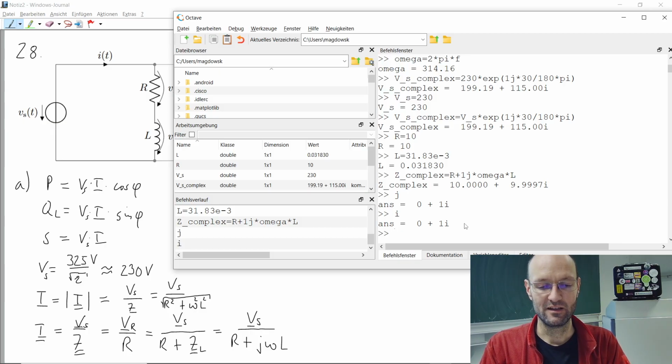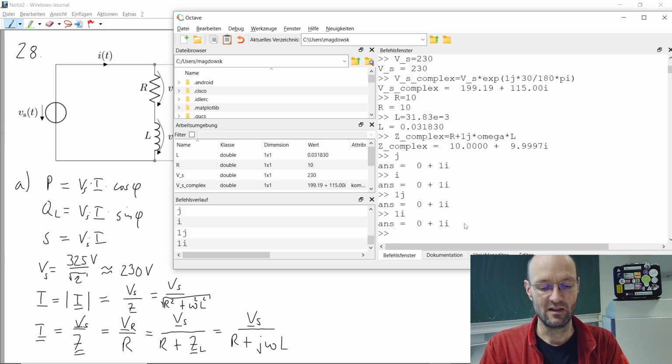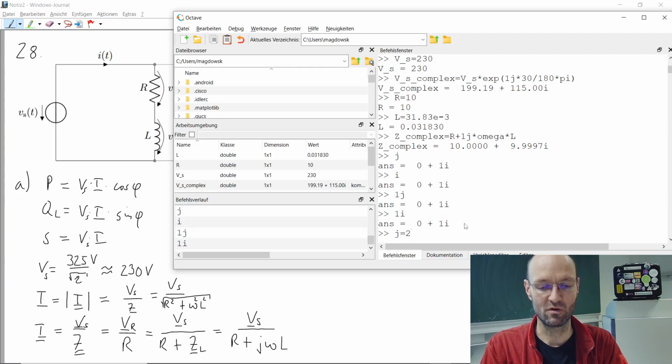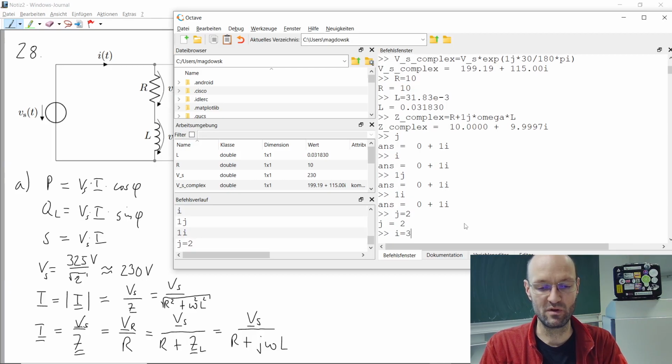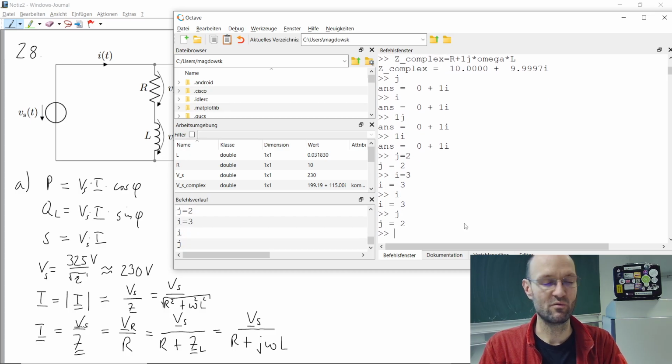And if you write 1j or 1i, it will be the same. Nevertheless, if in your program somewhere you use i and j as a variable, for example, you have a loop and you count over i or over j, so if I set j to 2 and i to 3, then i will be 3 and j will be 2.